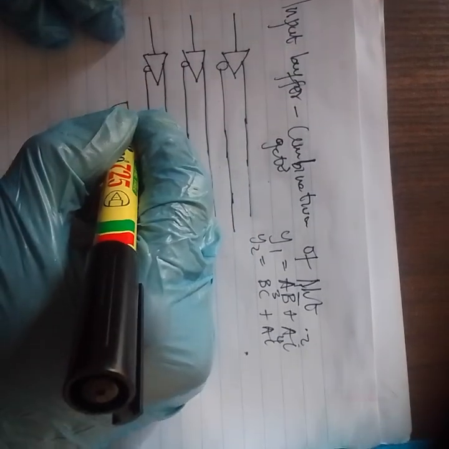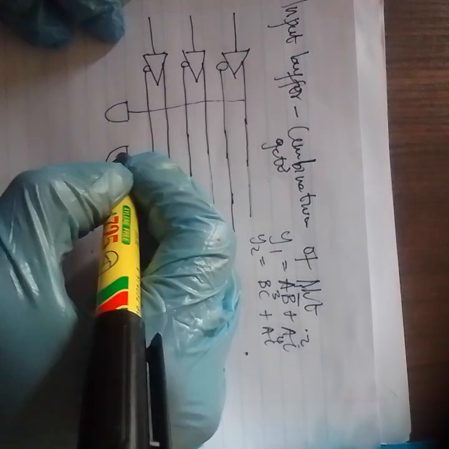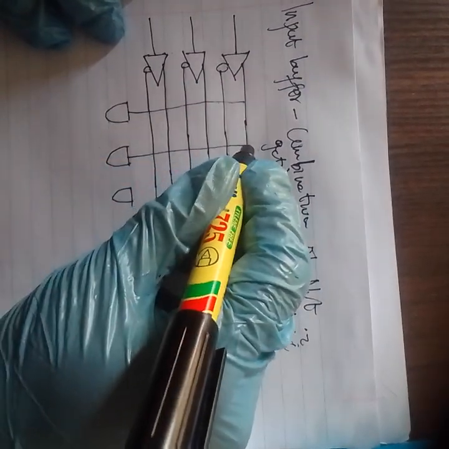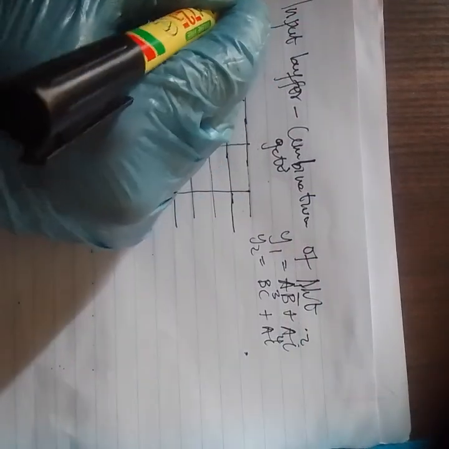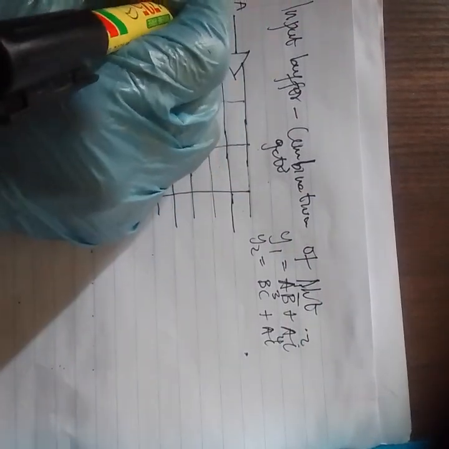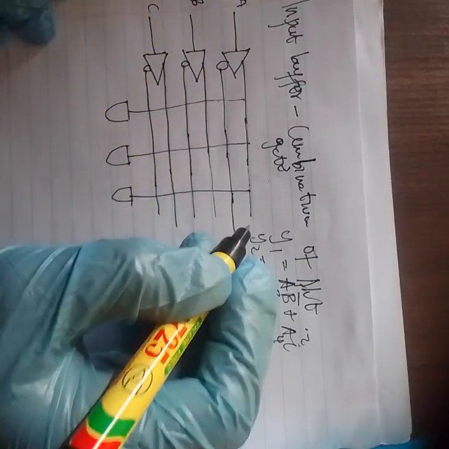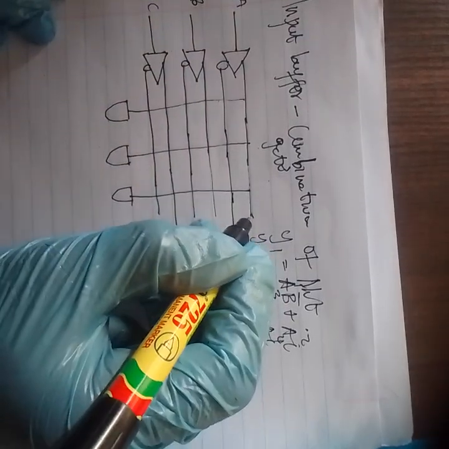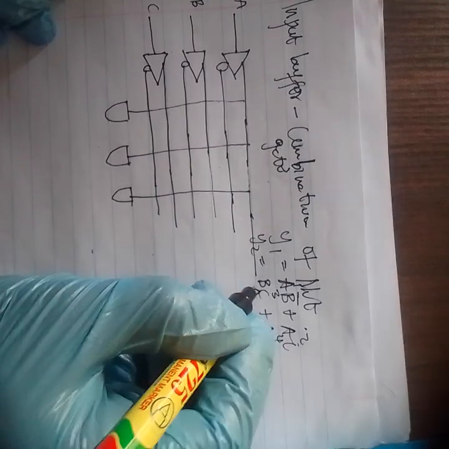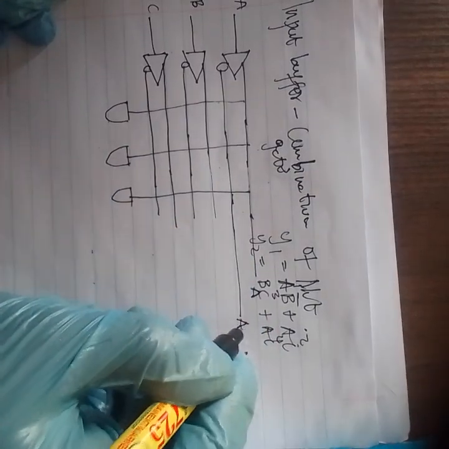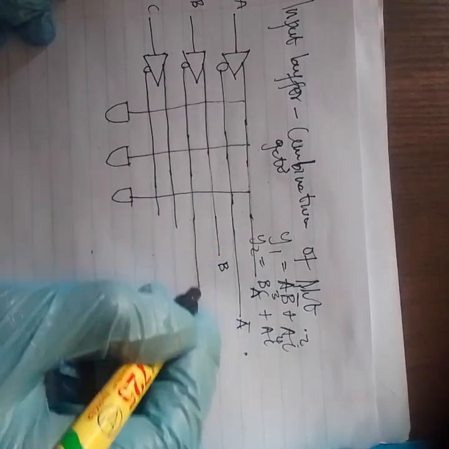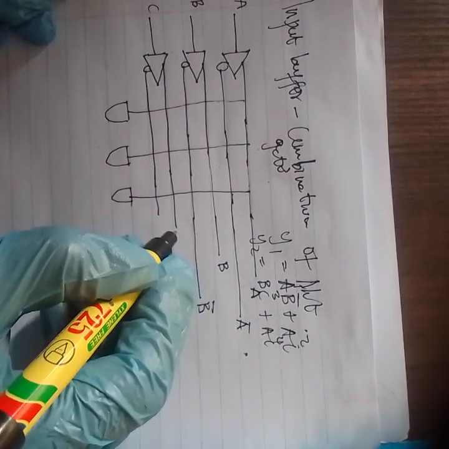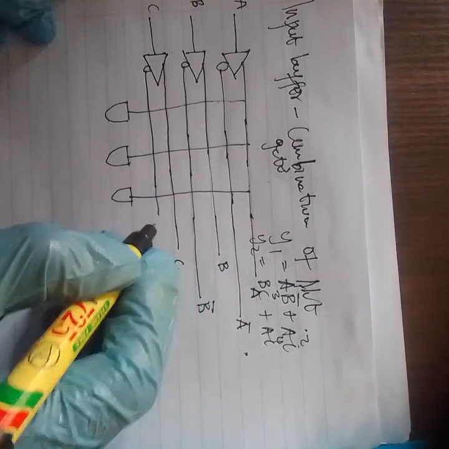Now we have to connect these lines. These vertical lines are minterms. Here it's A, B, C. Therefore we have A bar, B bar, C bar.